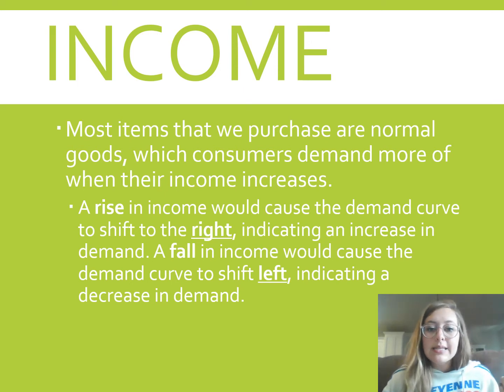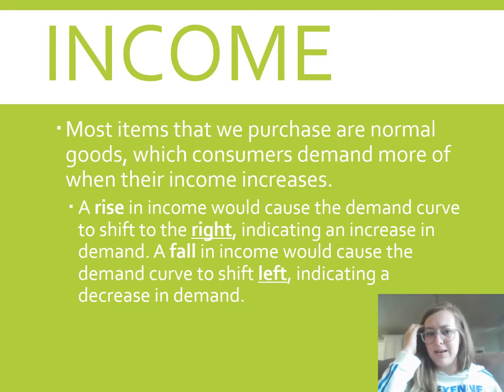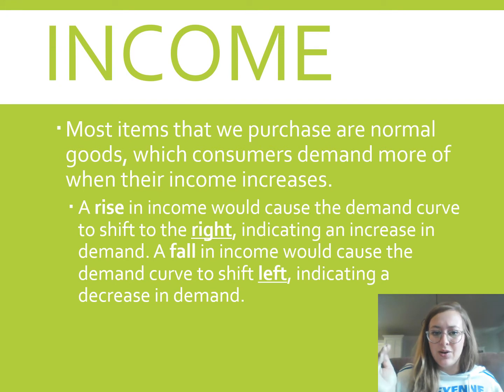Okay, a rise in income would cause the demand curve to shift to the right. Imagine you get like a 25% raise. You're going to buy more of everything, right? Because you got more money to spend. So that is going to increase demand.